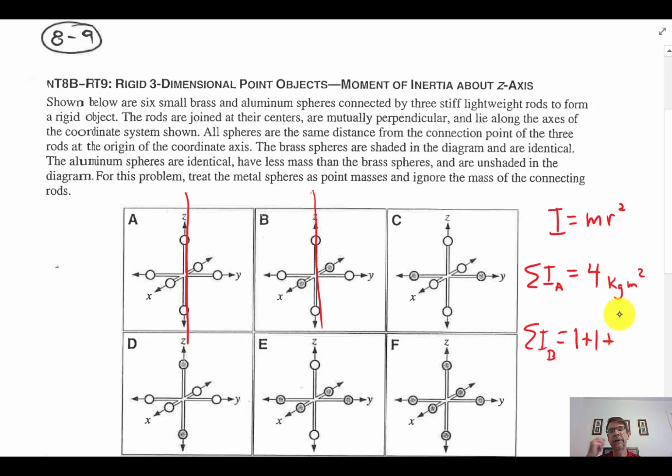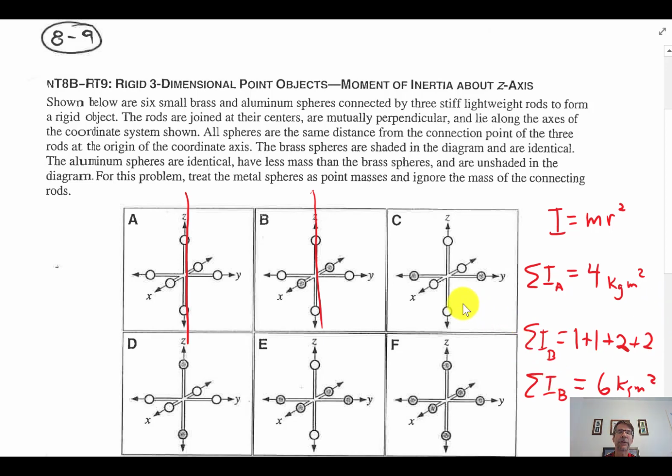In case A, it would have been 1 plus 1 plus 1 plus 1 equals 4. But in this case, there's 2 spheres that each have a mass of 2. So for each brass mass, it's 2 times 1 squared. So it's a 2. So each brass object will be 2 plus 2. So for the total in B, the total sum of all the inertias is 6 kilograms meters squared. That's what the total will be in B.